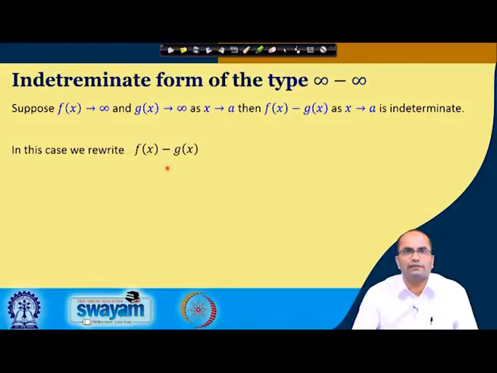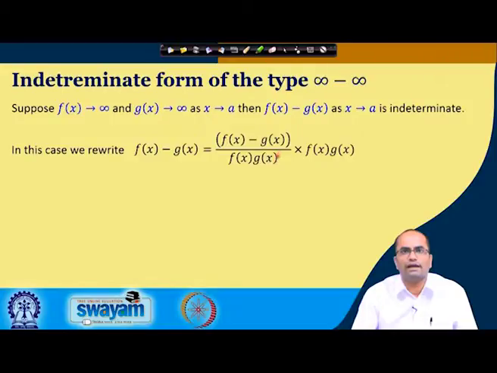We can rewrite this f x minus g x term. If we divide f x minus g x by f x into g x and multiply by f x into g x, then we have 1 over g x minus 1 over f x, multiplied by f x into g x.